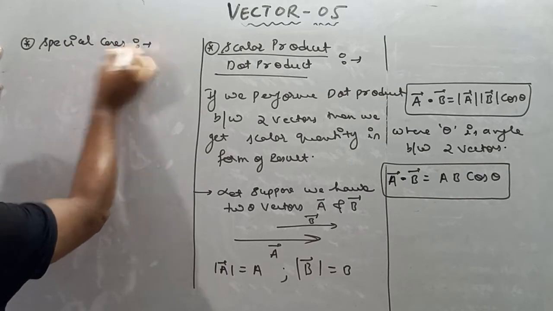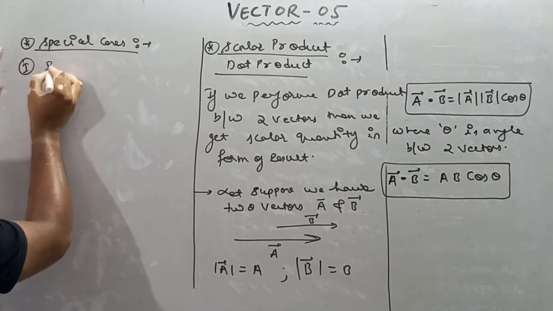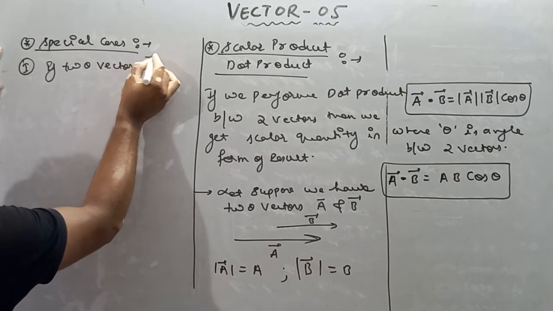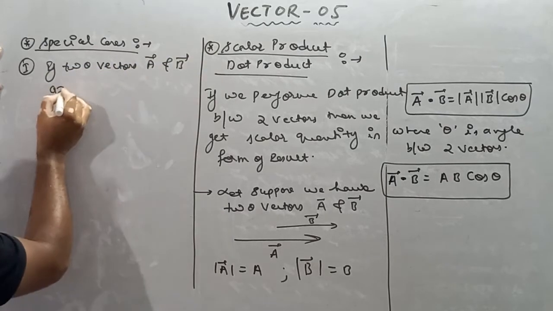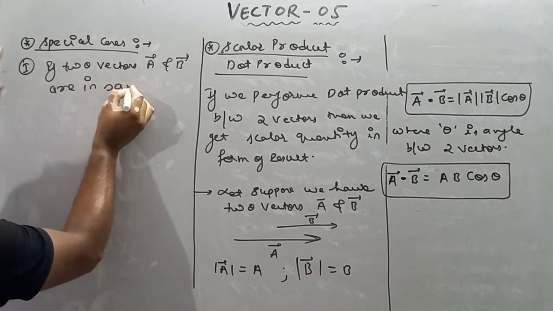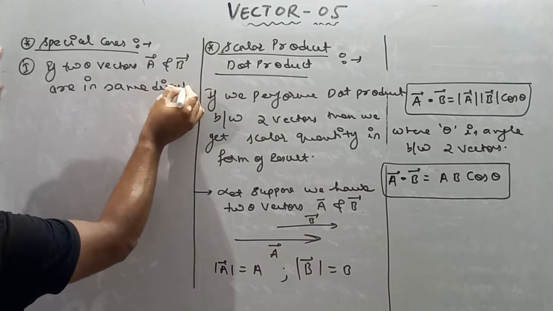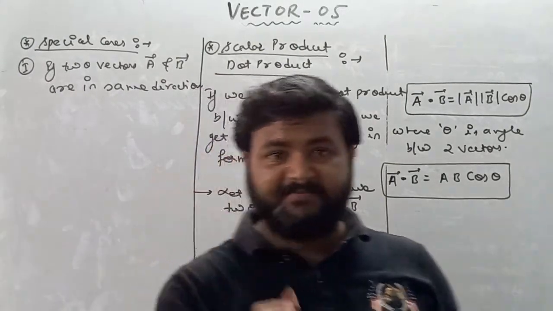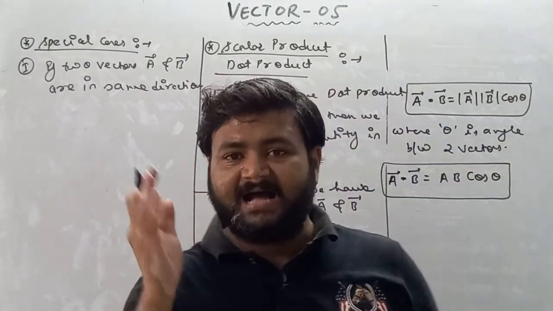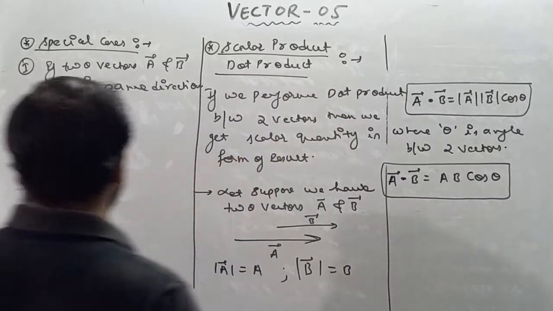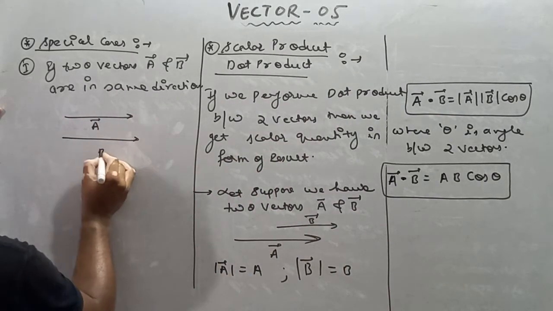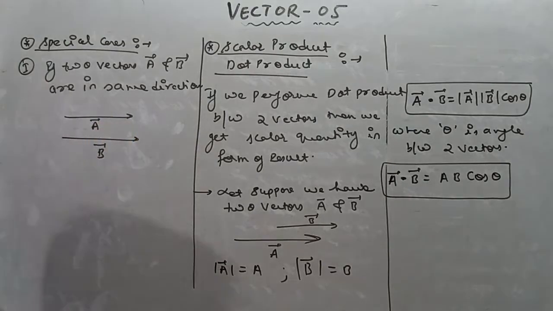First case: if two vectors, A vector and B vector, are in the same direction. Let's suppose we have A vector and B vector, both in the same direction.